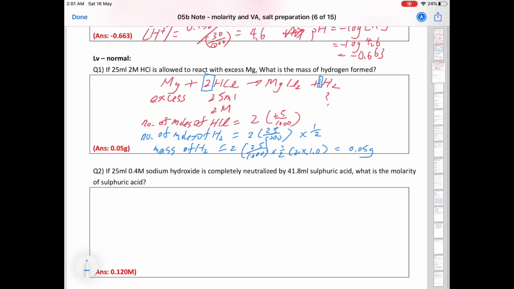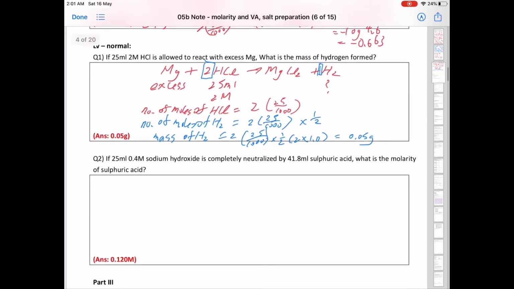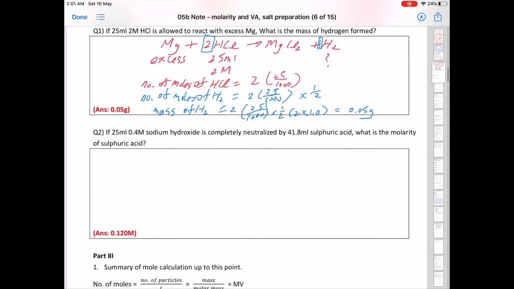Can you see the whole idea? Actually, nothing special. What you need to learn is that number of moles equals MV, and that's it. Other skills you learned long before when you started learning about mole calculation.